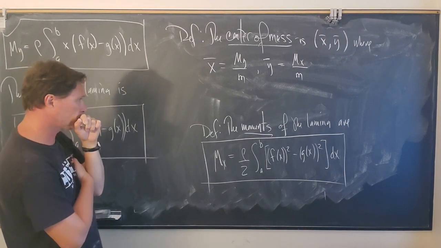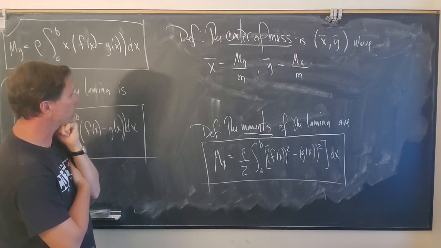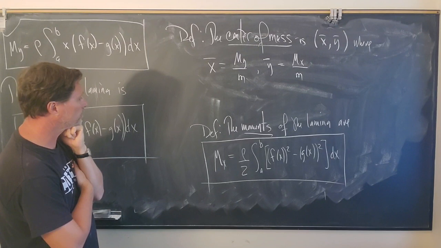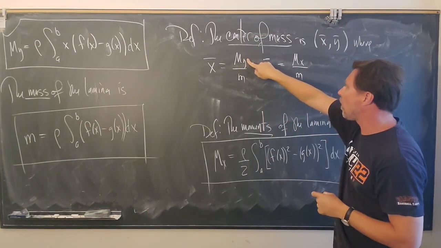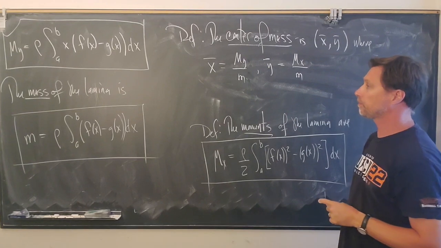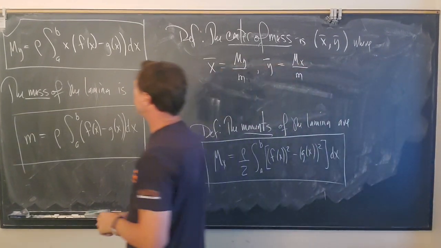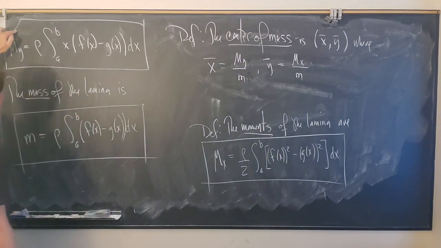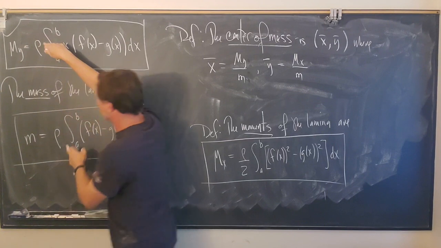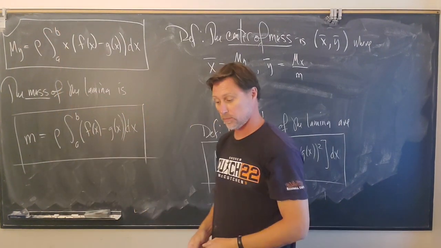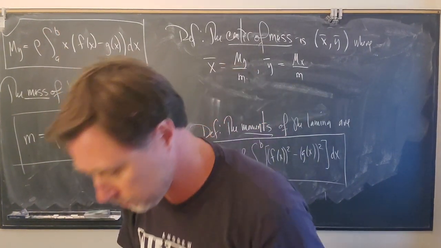Now, one thing to notice, when you set up these fractions right here, so I'm going to have an m sub y divided by little m. Imagine when you compute this fraction divided by this fraction, notice what happens. We will have a rho in the numerator and a rho in the denominator. Those are going to cancel out.